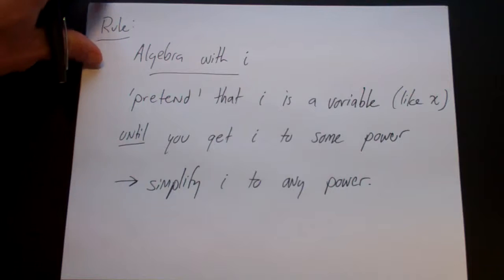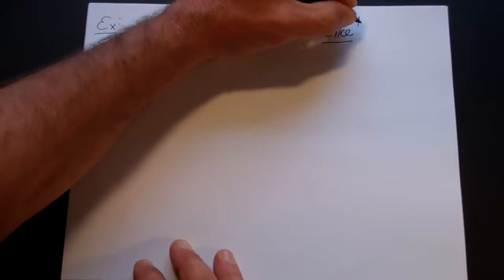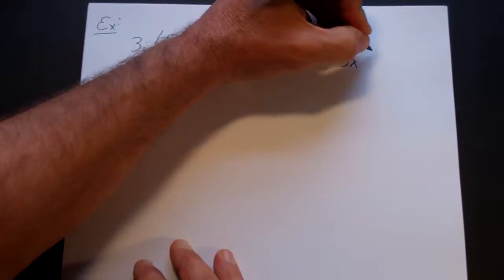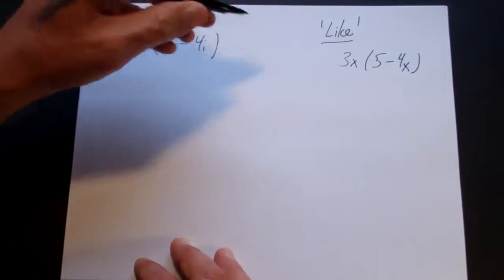So let's look at an example. The first example, let's do a multiplication problem. So let's do 3i times (5 minus 4i), right? So notice that this is very much like this problem, 3x times (5 minus 4x). It's not exactly the same, right?